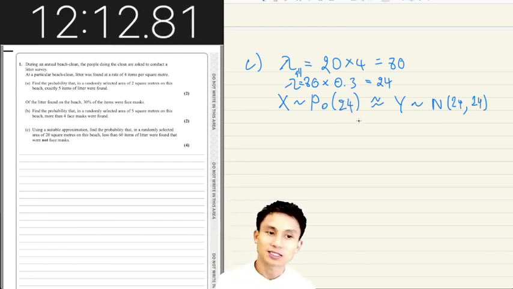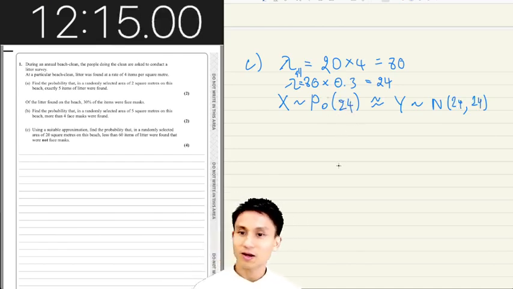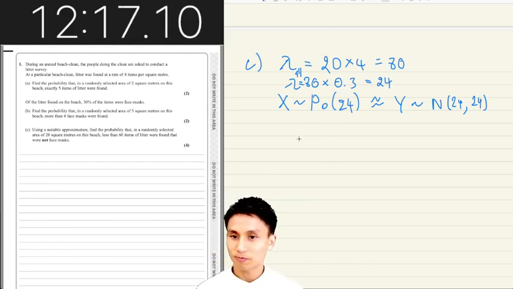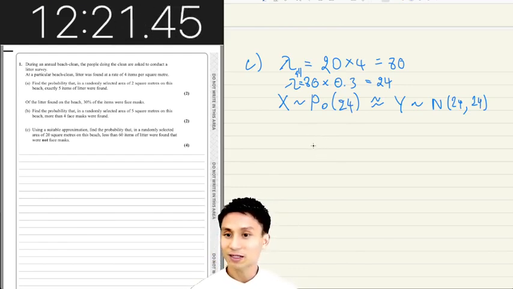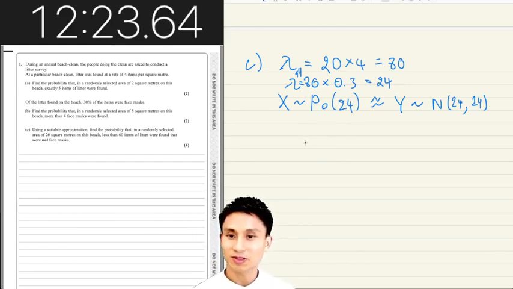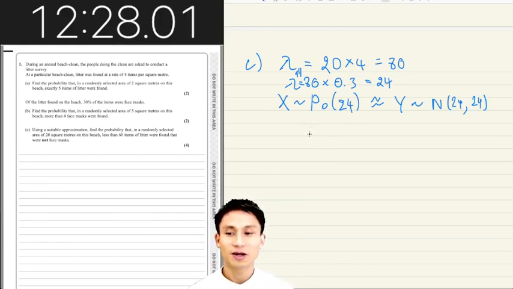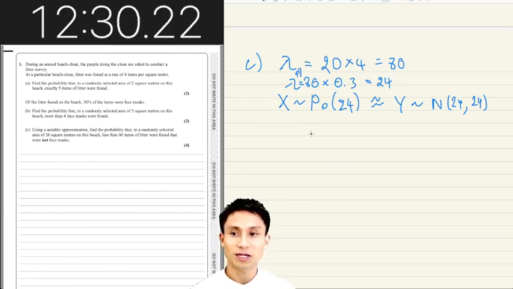Okay, but this is face mask. So if less than 60 items were found to be not face masks, we will need to find the probability. Hang on.